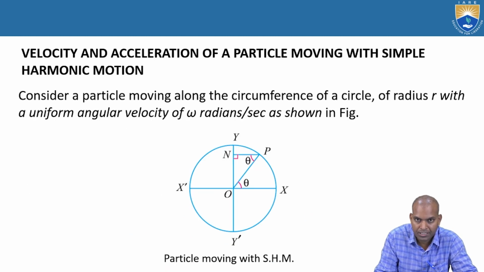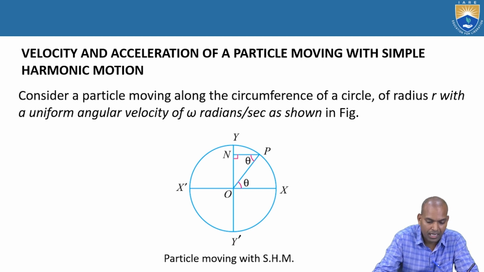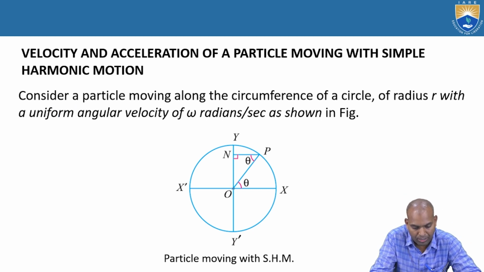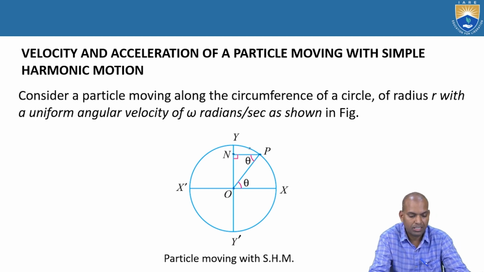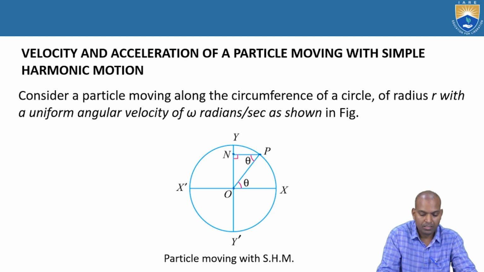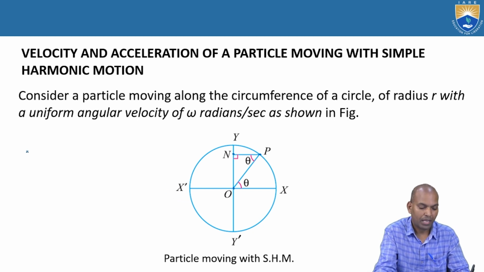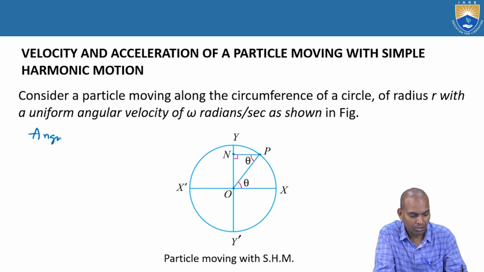Now that is for linear motion. Now, considering angular simple harmonic motion, to explain it, what is the displacement, what is the velocity, and what is the acceleration of the particle P. Here the particle P is moving in a circular direction. That's why the particle P is under angular simple harmonic motion.